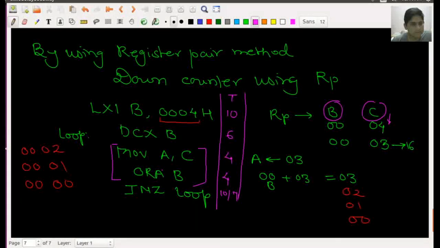We can think about the total amount of T states as the combination of outside of the loop plus inside of the loop. Okay, so outside of the loop the total amount of T states is 10, and we can go for inside of this one. So we can say 6 plus 4 is 10, plus 14, and then it is 24. Okay, so this 24 is running.